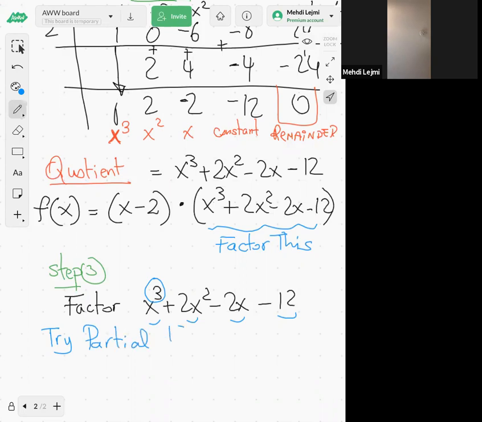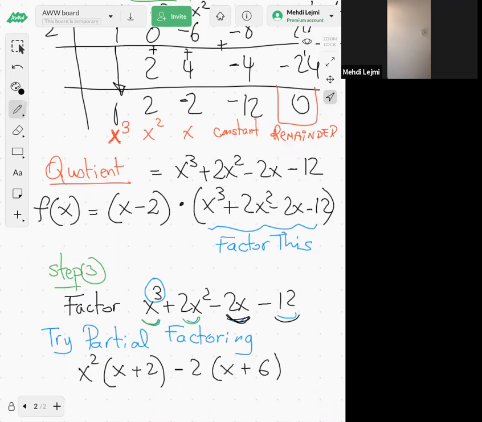But even if you try partial factoring here, you can, for example, factor out x squared, but then you have x squared times x plus 2. And here you can factor out minus 2, so that will be minus 2 times x plus 6.